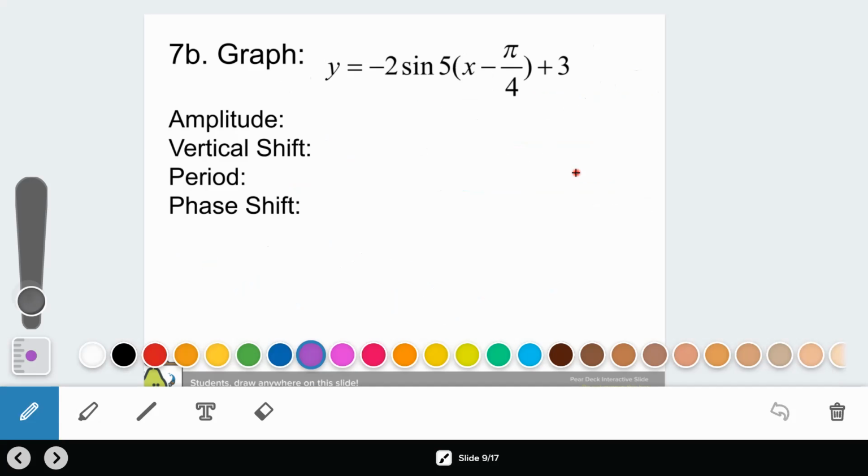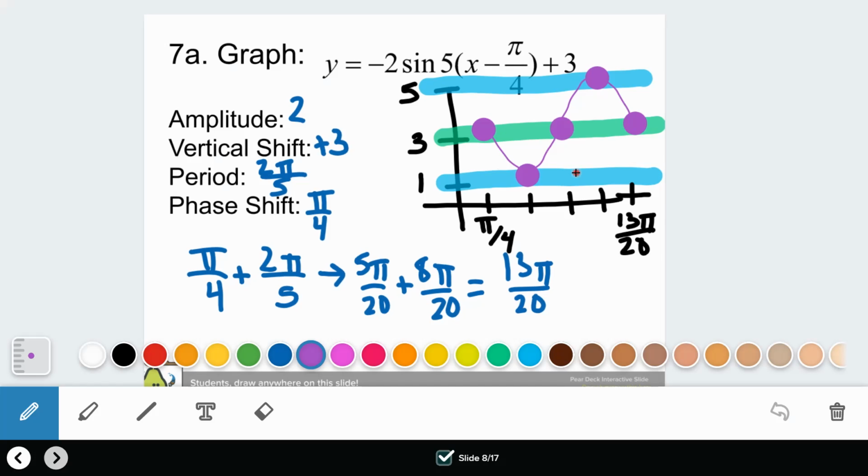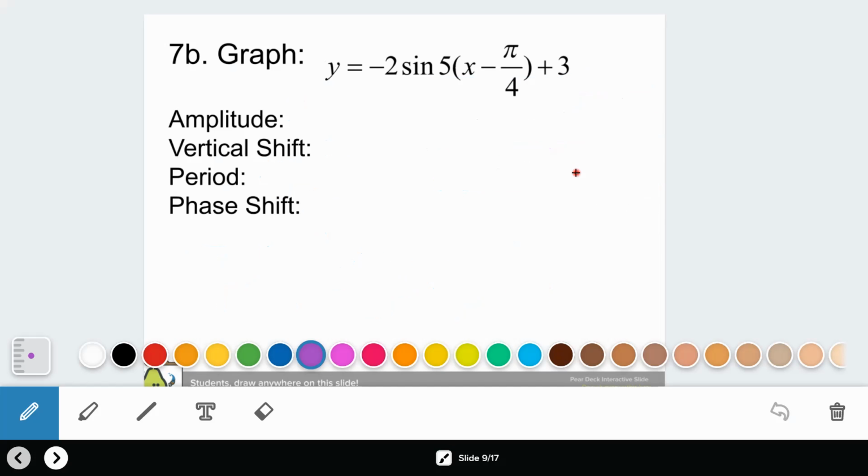Okay, on this next one, my amplitude is, let's see, was this the same one? Hold on. Oh, this was the same one. Let's skip over this.